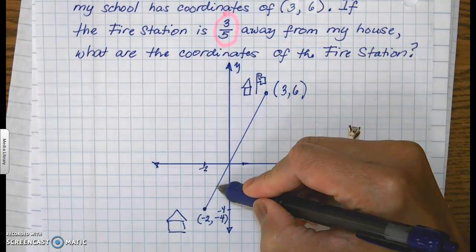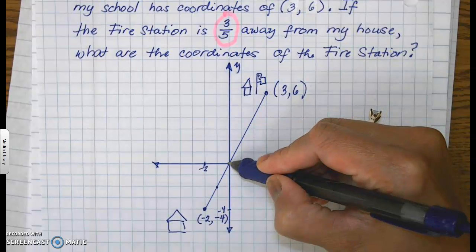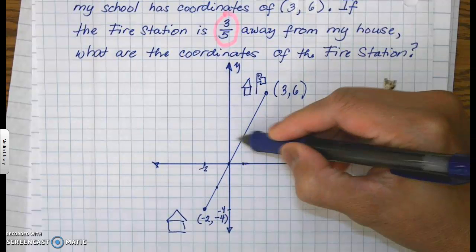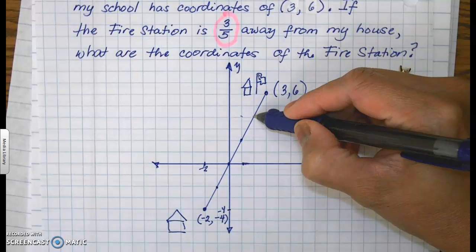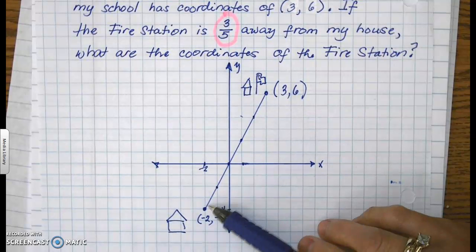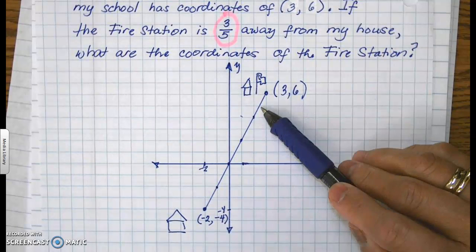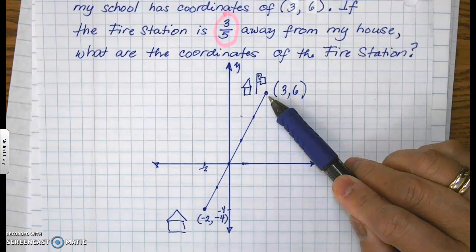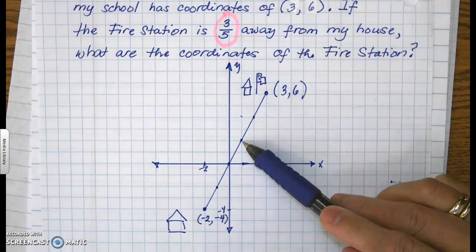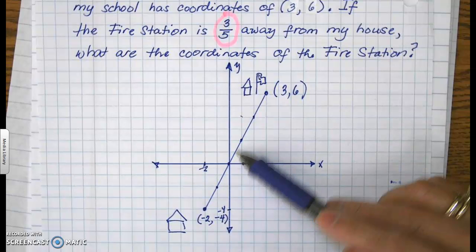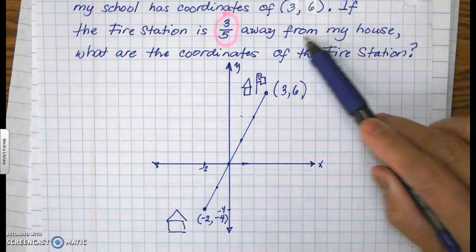So that's the first one. Rise over run again, rise of 2, run of 1, rise of 2, run of 1, rise of 2, run of 1, to where I have 5 sections: 1, 2, 3, 4, 5. 3/5, it's going to be here. So 1, 2, 3. And please note that this is from my house.